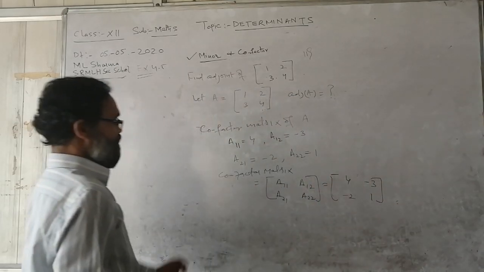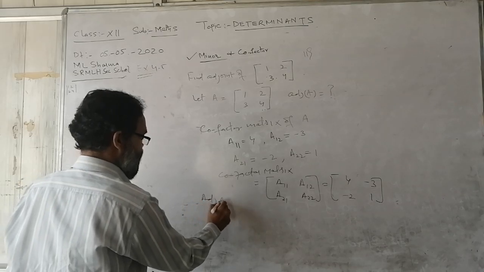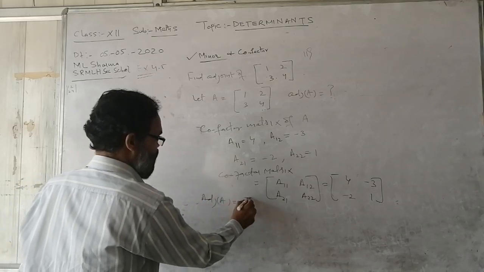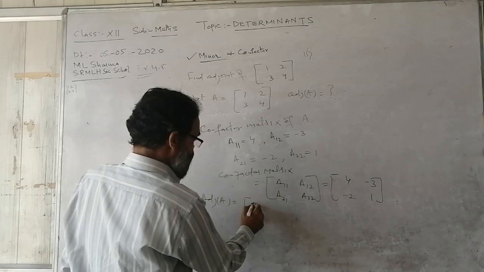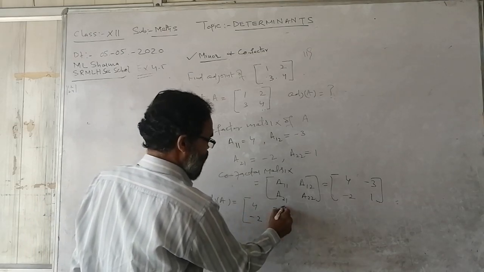I have to find adjoint A. So adjoint will be the transpose of 4, minus 3, minus 2, 1.